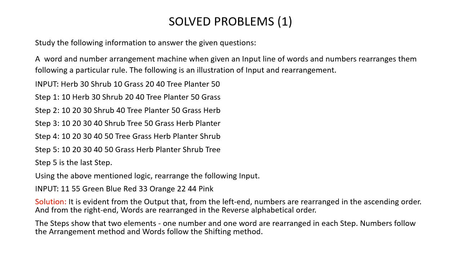Now that we know the pattern followed by the machine for rearranging the words and numbers, let's use the same pattern on this given input and find out the appropriate rearrangement steps and the final output, and then answer the given questions.